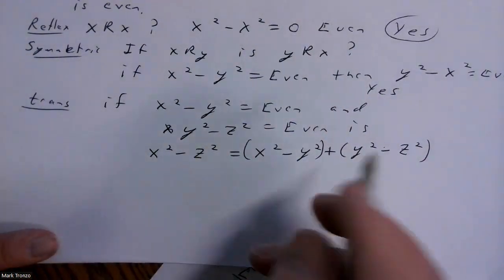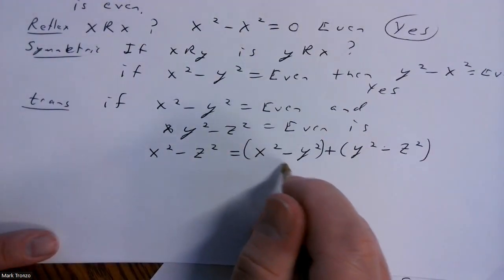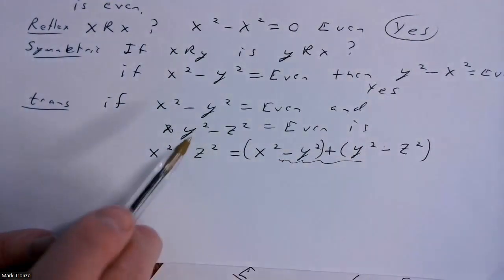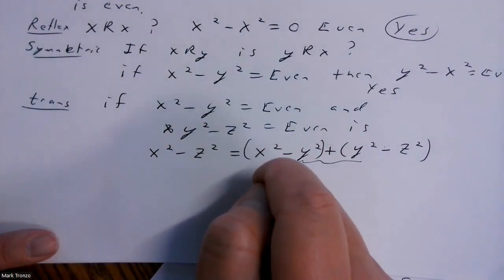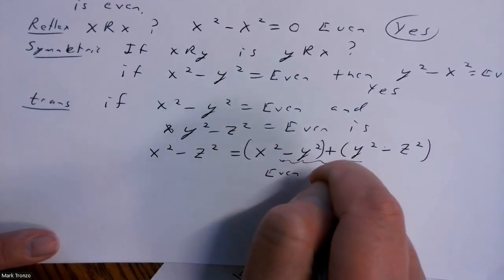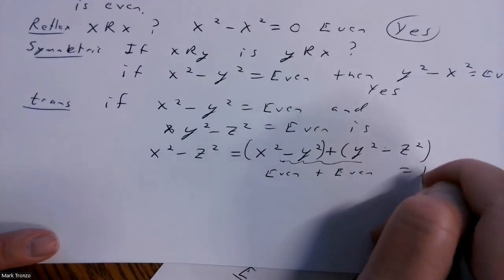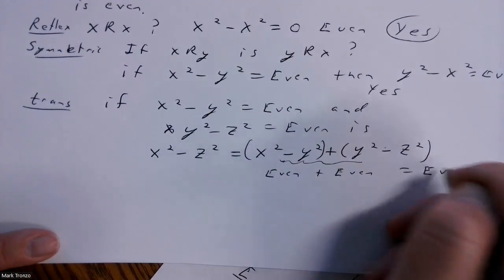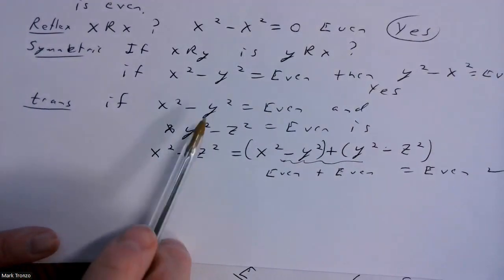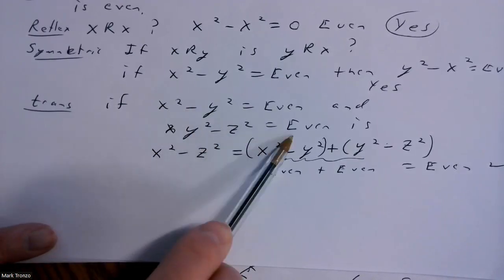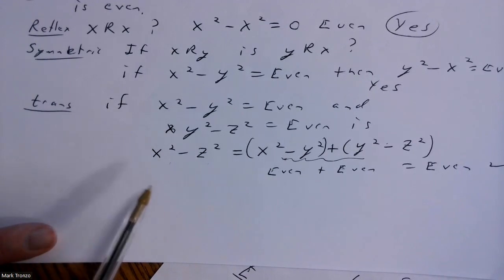In other words, if we added Y squared and subtracted a Y squared, we would get what we have up here. We said this is even and this is even, so that's going to be even. That'd be a more fancy way to say it. Or you can just say if this minus this is even, this minus this is even, this has to be even.